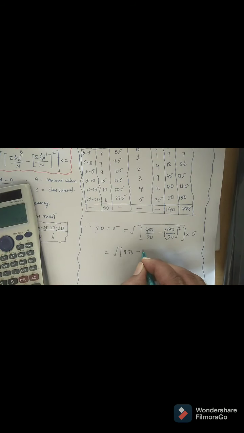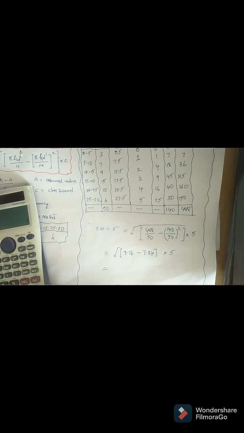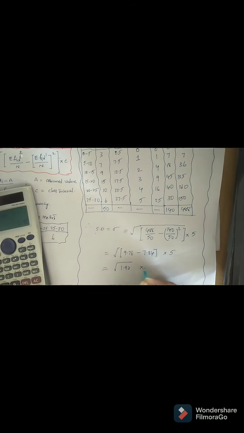So 7.84, okay, outside 5. So now what do we get here? 9.76 minus 7.84, under square root 1.92, outside 5.